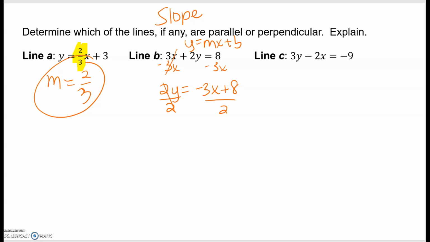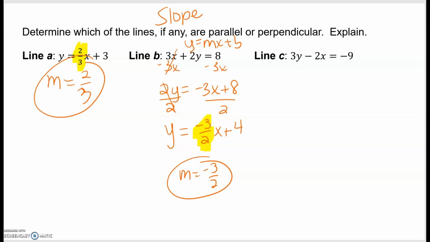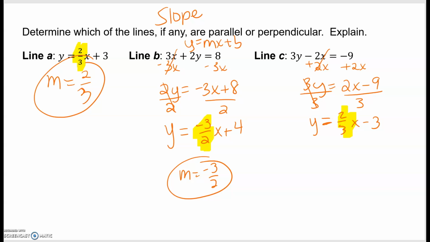I'm going to divide by 2, and I get negative 3/2 x plus 4. So here's the slope of that line. And my last line, again, I need to get it into the correct form so I can see my slope. And divide by 3. So this time my slope is 2/3.